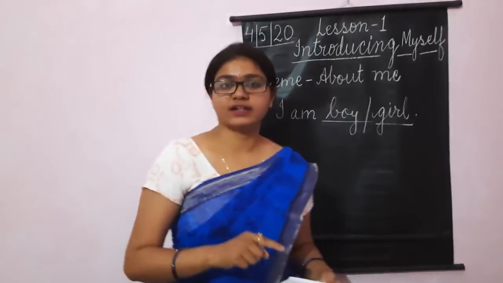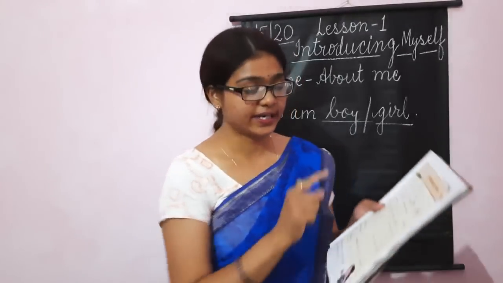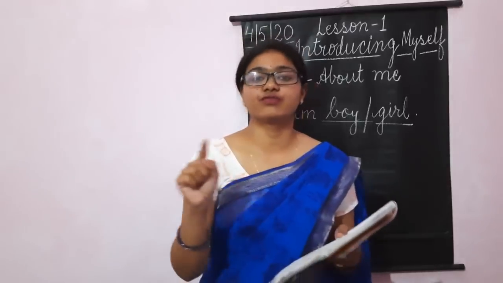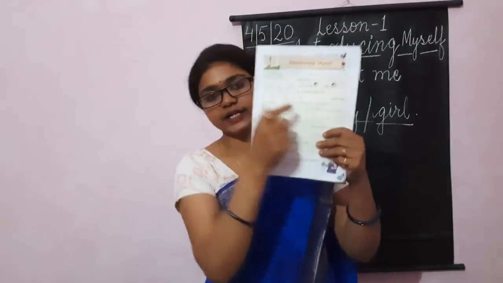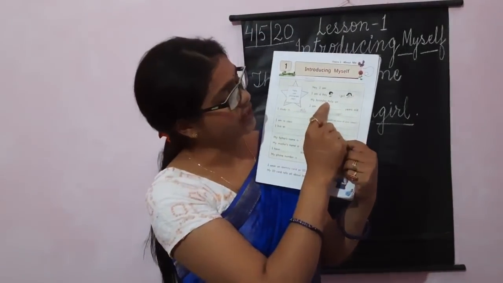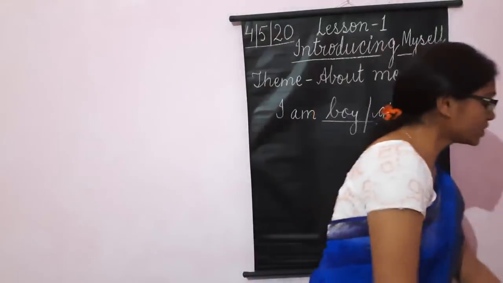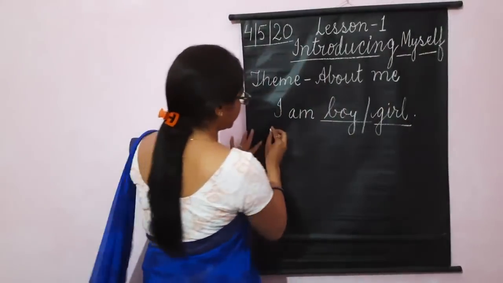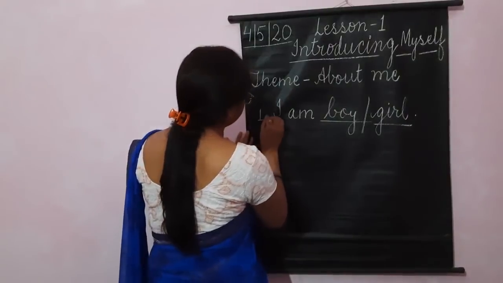In the second line of the introduction, it is given "My birthday falls on." See, it is written here, my birthday falls on. So in the introduction, you will write down the second line.